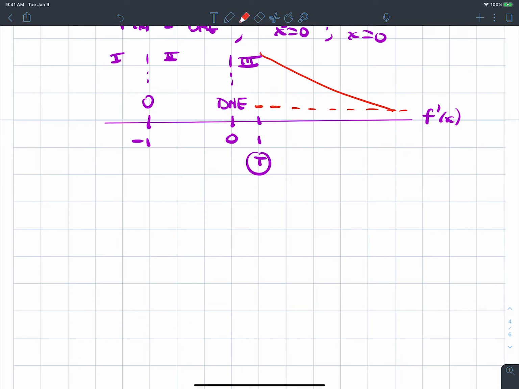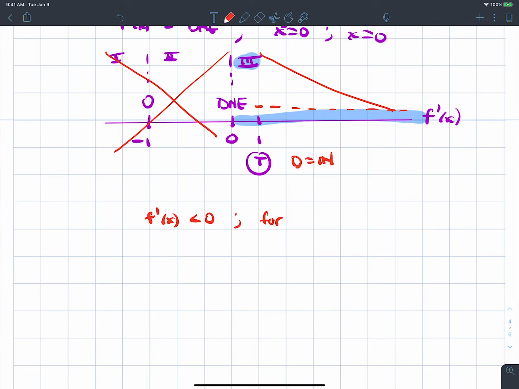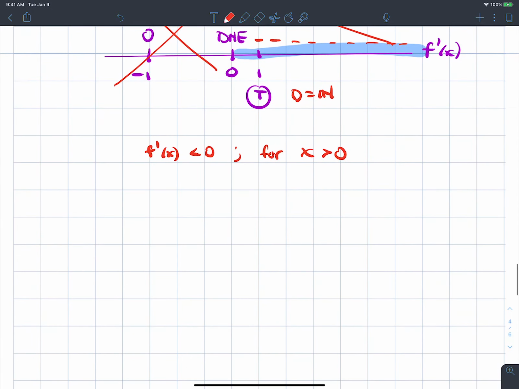Now, I don't really care about the other particular regions to test, because if our domain here is natural numbers, that only applies to region 3 here. So this is decreasing, and so we say f prime x is less than 0 for x greater than 0, but we're dealing with a sequence here.